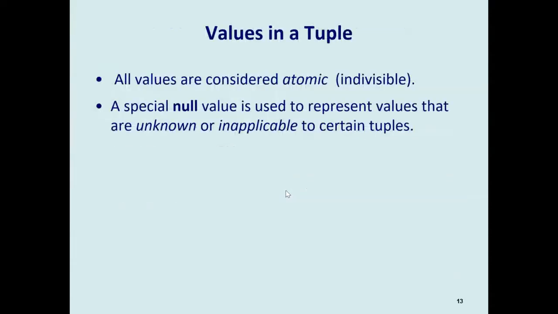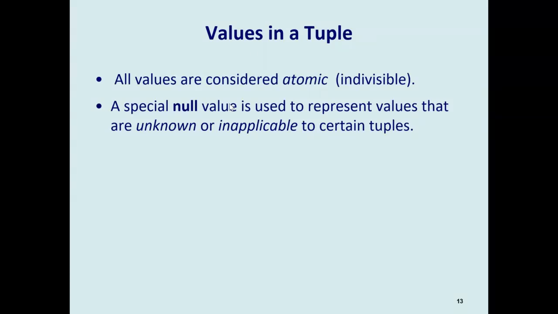So this is the Cartesian product, okay? Then the values in the tuple. According to the relational data model, a tuple is a record, okay? If you imagine a table, each record in a table may have multiple values or fields, right? Each field or each value will be atomic, which means that the value cannot be further divisible.